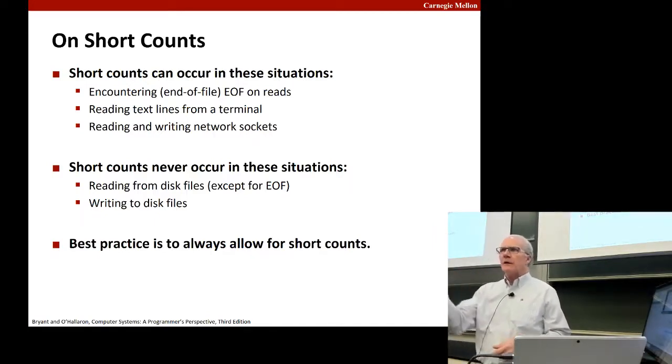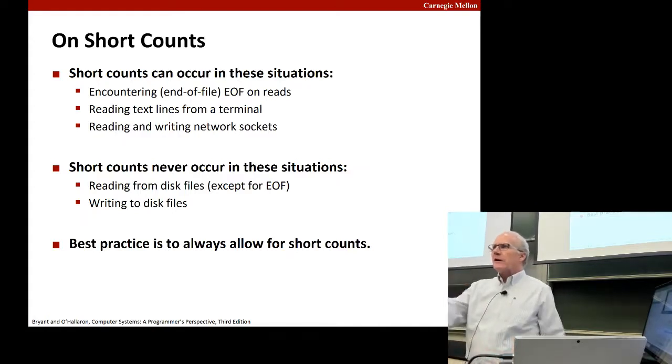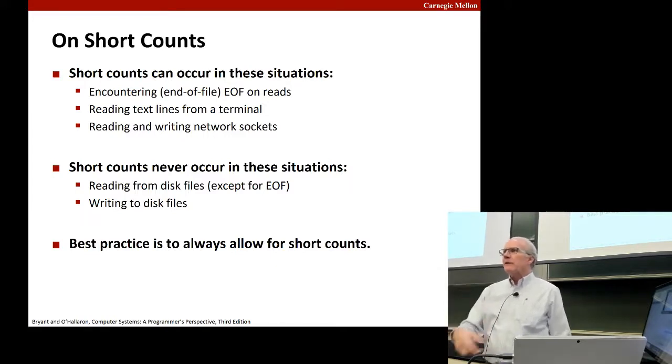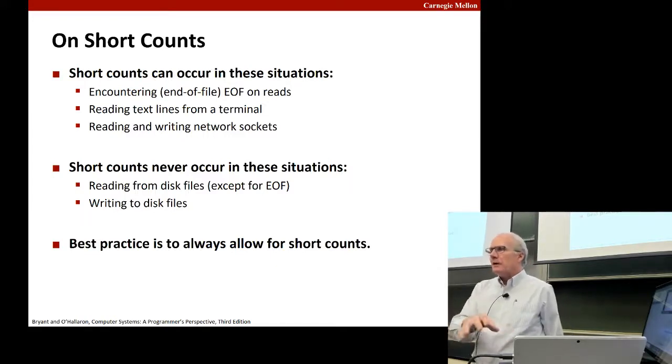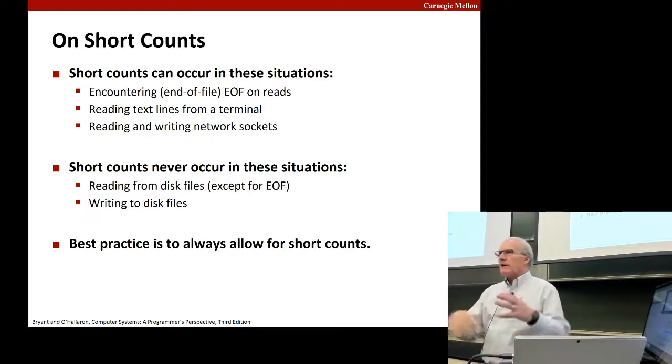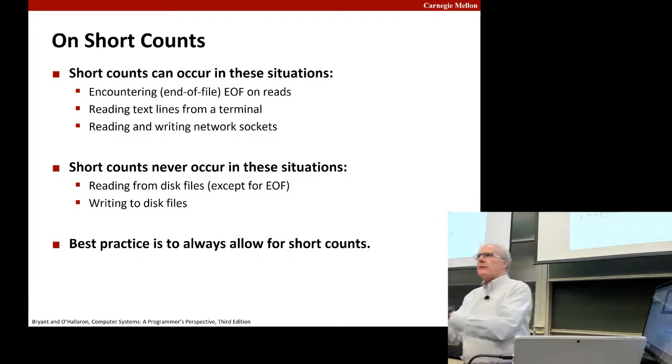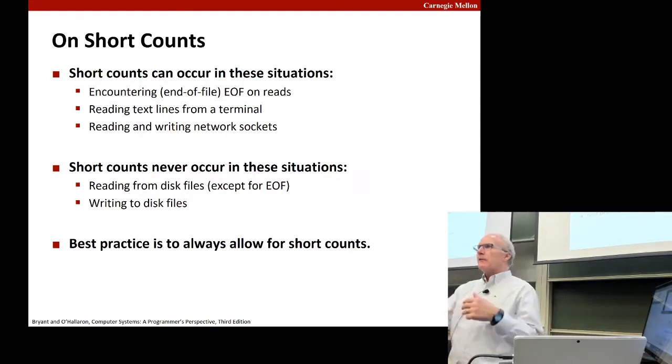So if you said over a socket that you want to write a megabyte file to transfer to some distant place, the networking software is going to break that up into a bunch of little packets and send them all over. And as you write, you'll get a short count of just the first packet that gets sent.